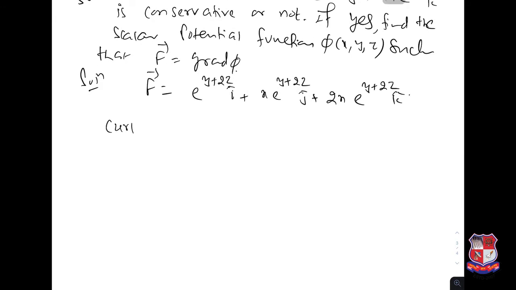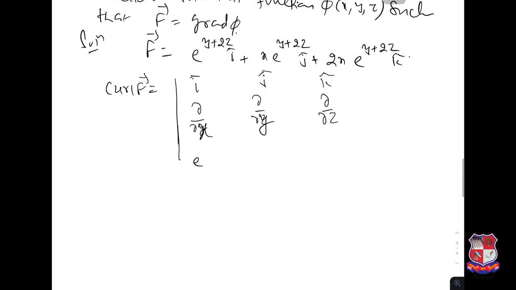So first find the curl of f. So that is the determinant with i, j, k, del by del x, del by del y, del by del z, and e power y plus 2z, x e power y plus 2z, 2x e power y plus 2z.